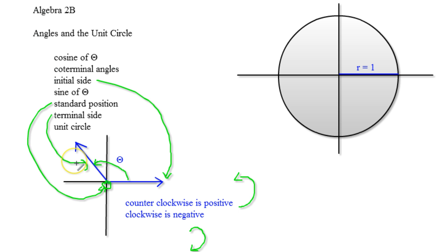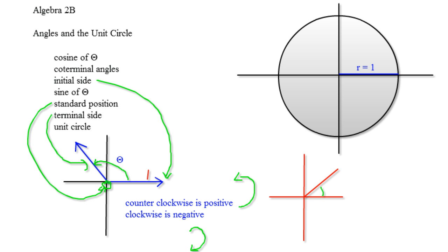Okay, now when you're drawing angles in standard position, I'm going to go ahead and draw this out a little bit fast. We won't talk about that circle in the upper right hand corner just yet. Once again, standard position is going to stay there. So if I were to draw a 45-degree angle, I would go from here to here, and my measurement would be from here to here.